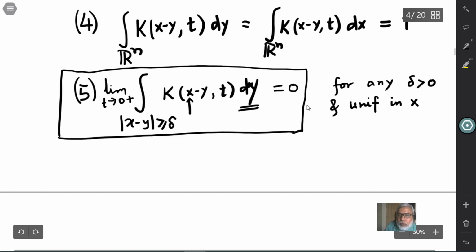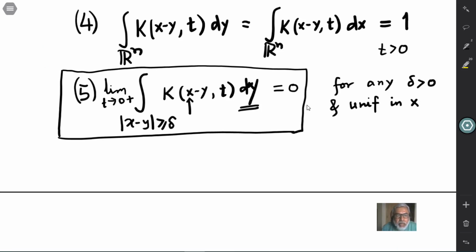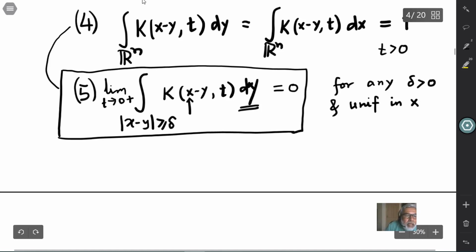So if you see 4 and 5, 4 says the integral is 1 for all t positive. Property 5 shows that if I integrate leaving out a ball, then in the limit this integral is 0.